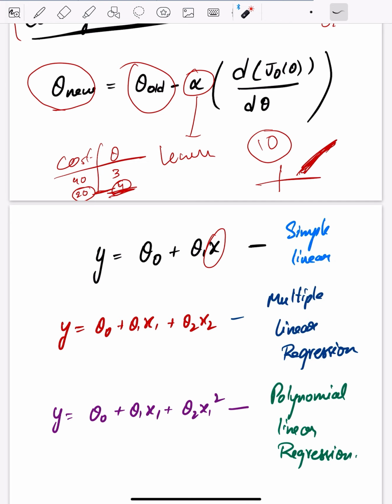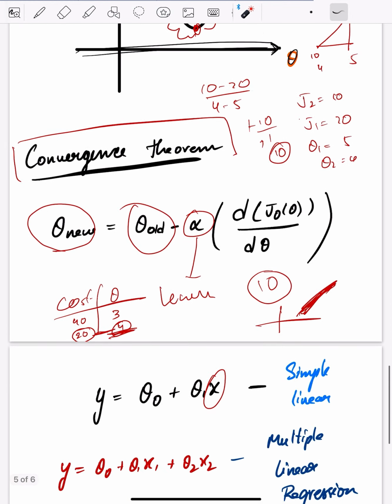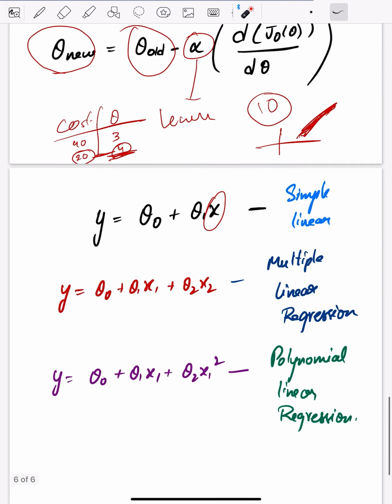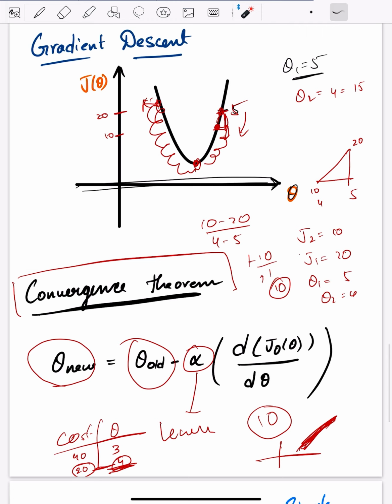In most cases, it won't be that. For explaining the concept I used simple linear regression, but in a real world situation there will be multiple independent variables. For instance, let's say you are predicting the price of a house. House value is predicted by a lot of parameters.